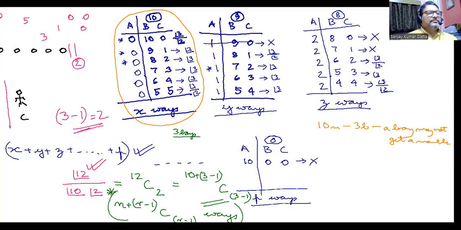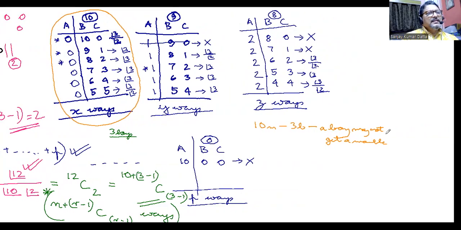Tell me yes or no. And the result was exactly 10 plus 3 minus 1 C 3 minus 1.